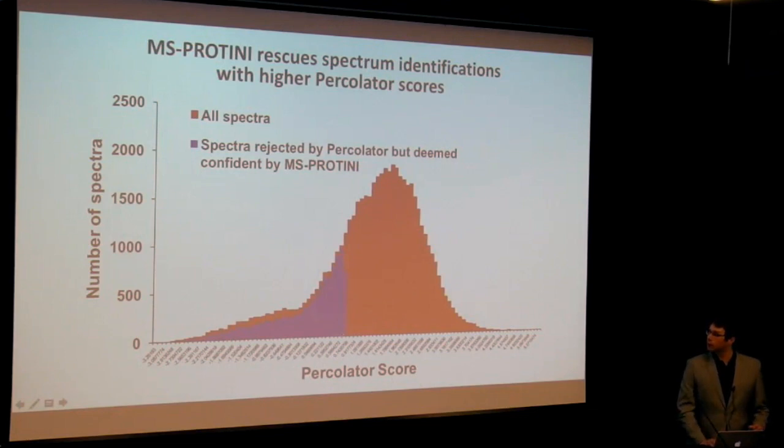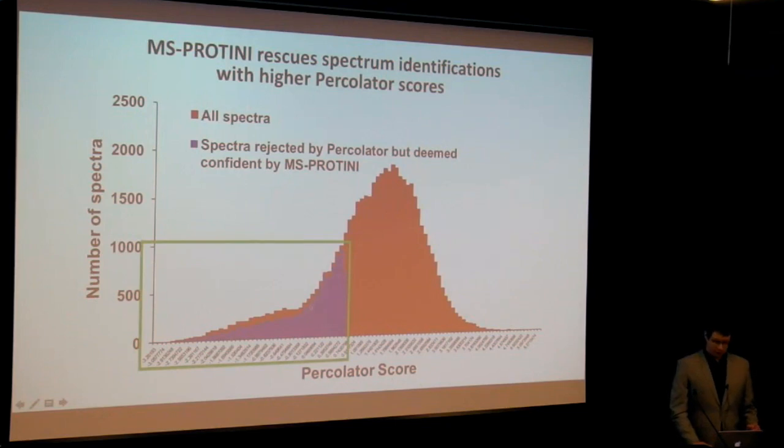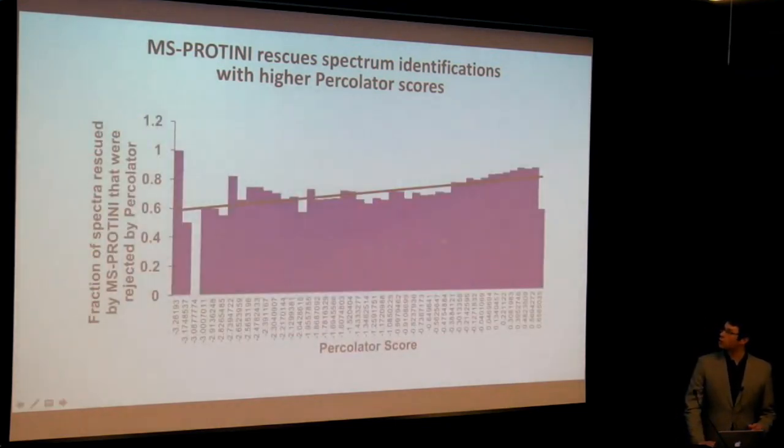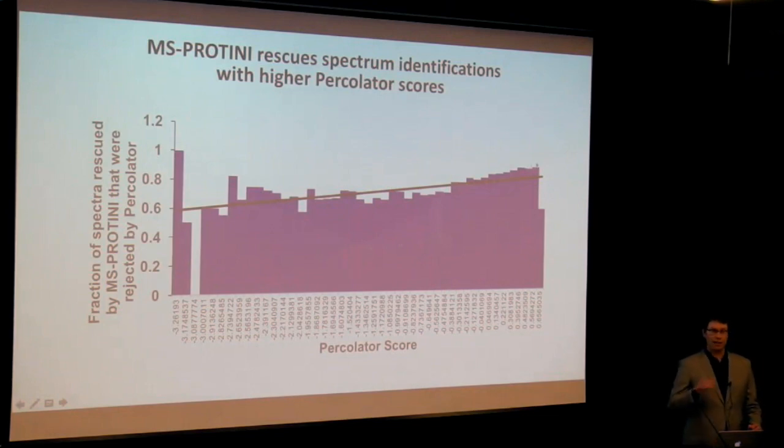What you can see here, and it will be a little easier in the next slide, is that the vast majority of the hits that were rescued were towards the highest rejected scores from Percolator. If we look at that specific region, and at the proportion of hits rescued by MS Proteini amongst those rejected by Percolator, we see that at the highest rejected scores we were pretty close to 1.